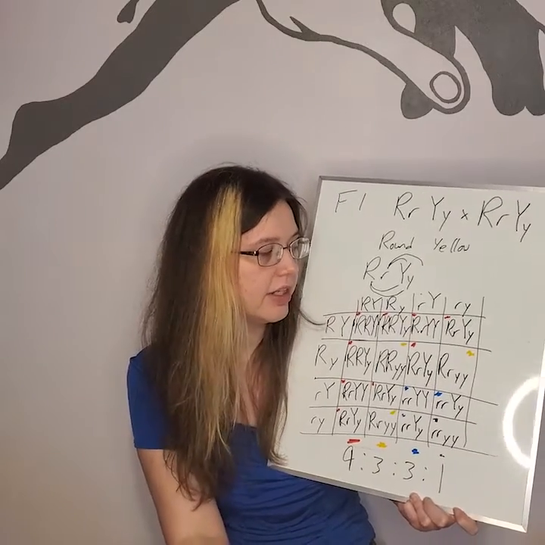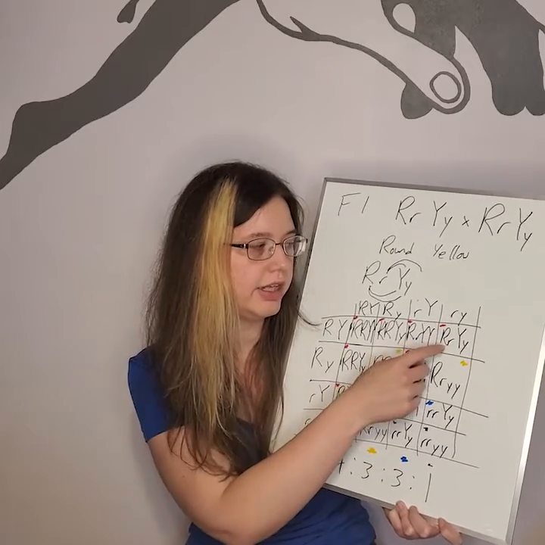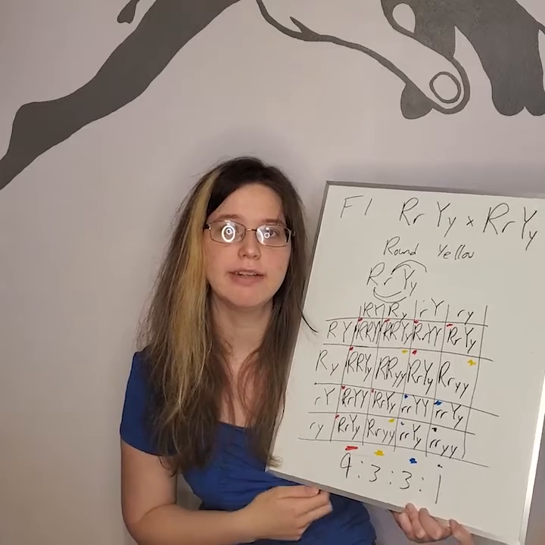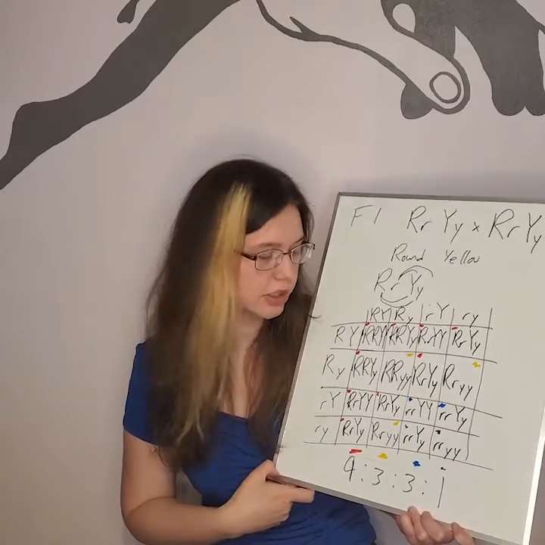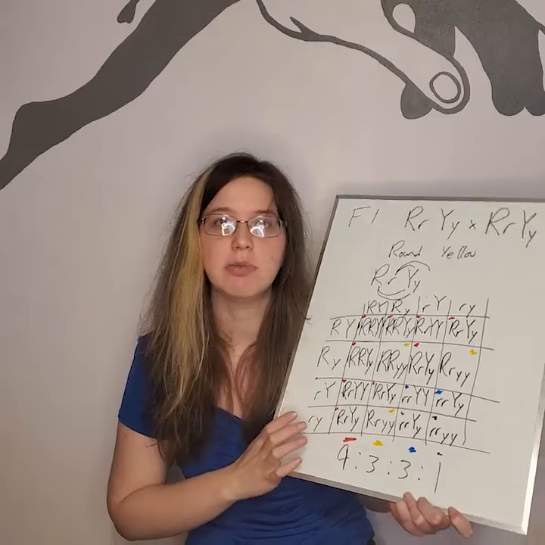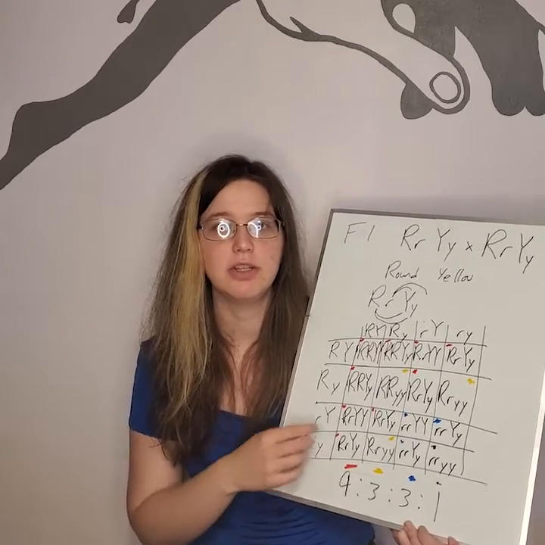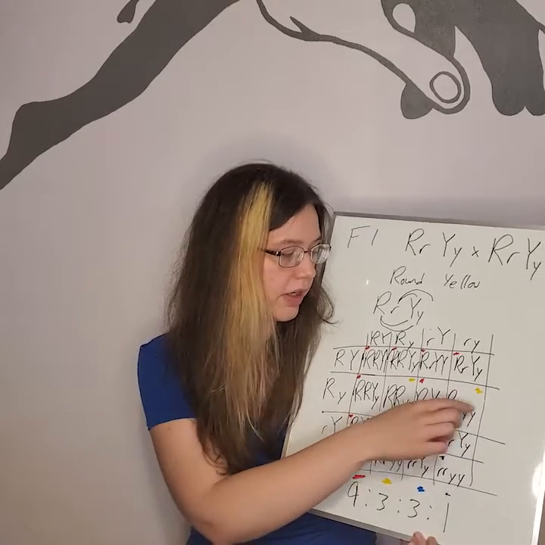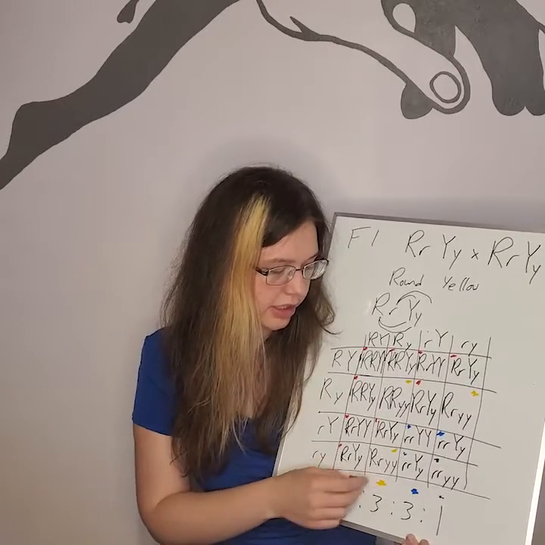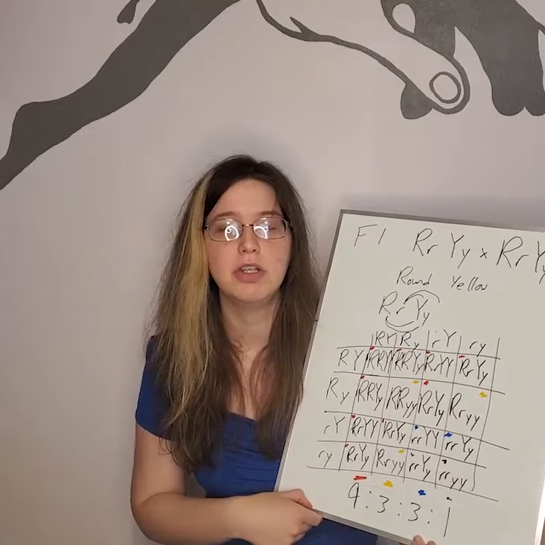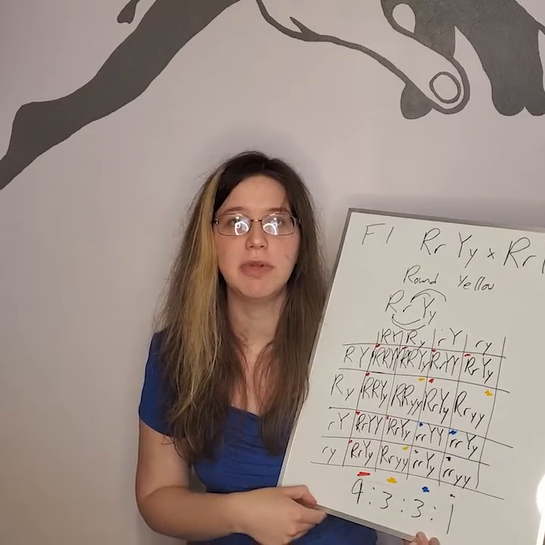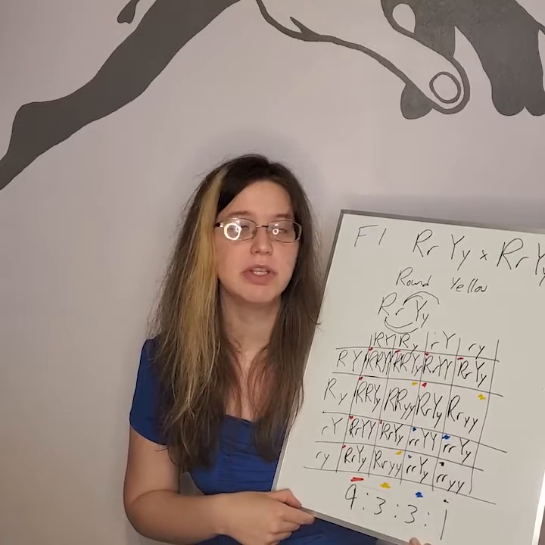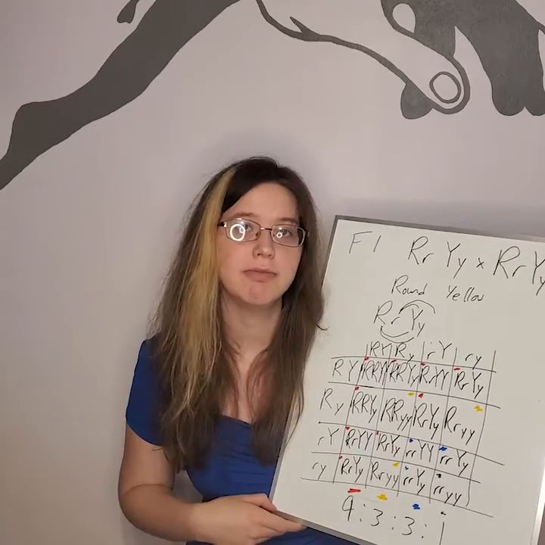And if we look at it, there are 9 that have a capital R and a capital Y at least. So at least one of each. So there's going to be 9 that express both dominant traits. So we're going to have 9 that are round and yellow. And then there are 3 that express the capital R, so they're going to be round, but they don't have any capital Y. So those are going to be round and green.